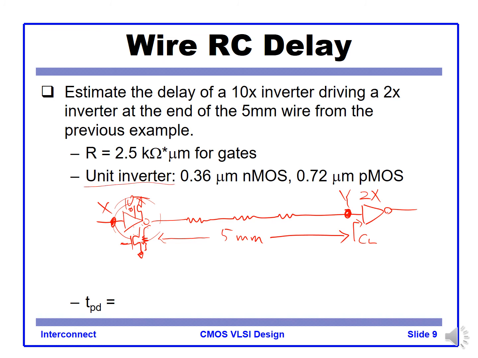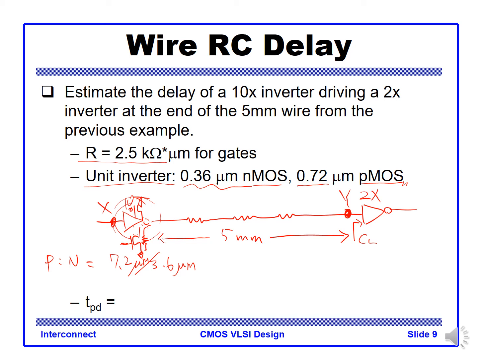For example, for the pull-down case, the inverter will have some resistance. This is 10x. The unit inverter has a 0.36 micron NMOS and 0.72 micron PMOS there. So 10x means 3.6 micron NMOS versus 7.2 micron PMOS, right? So how do we estimate it?